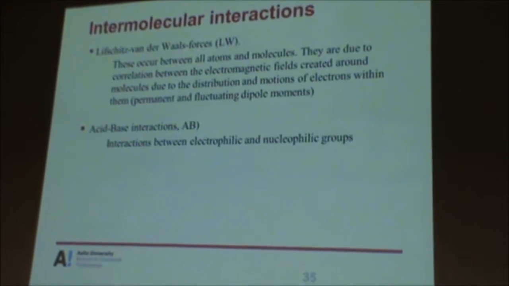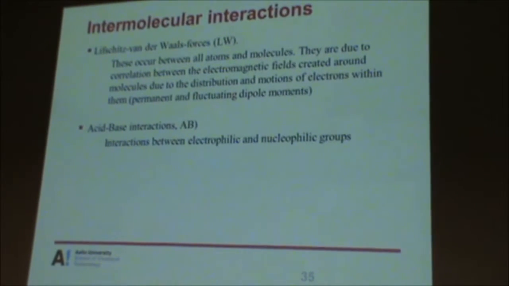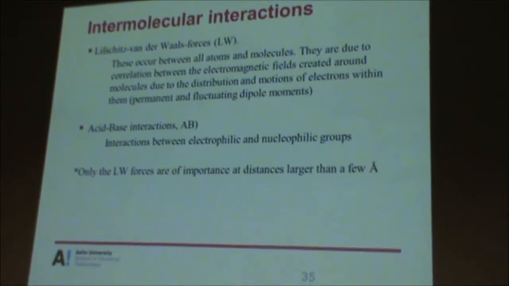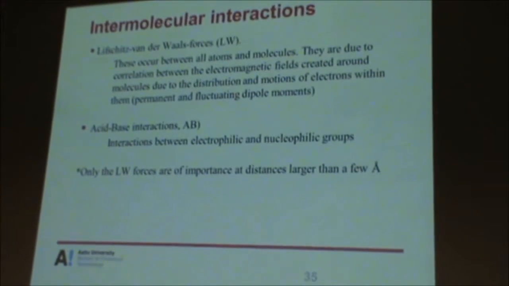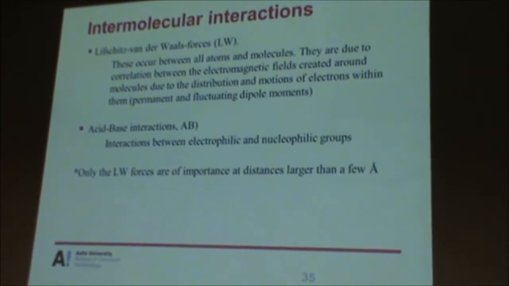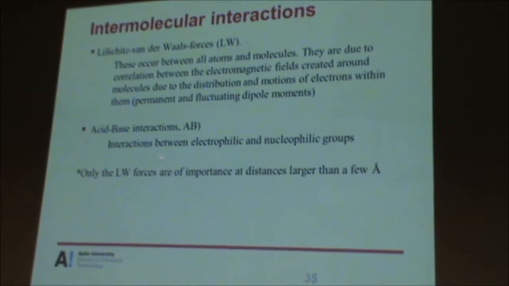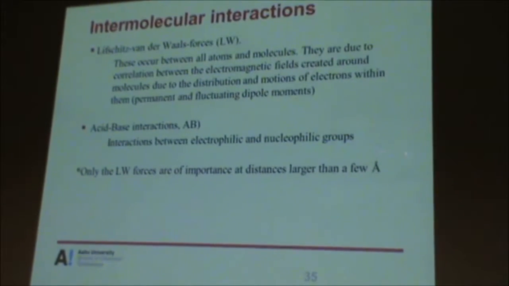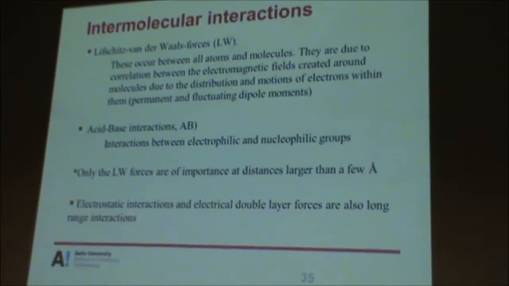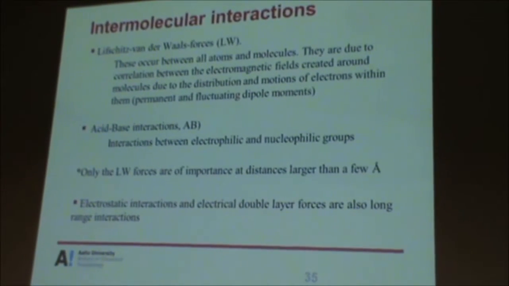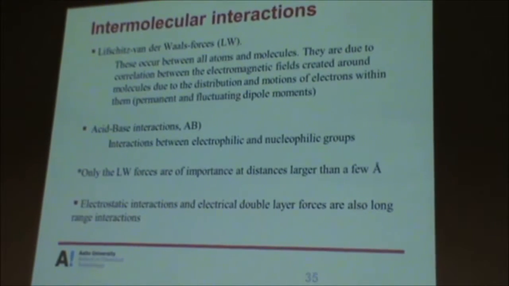So for the van der Waals forces, the atoms need not be physically touching each other. Acid-base, yes, they should be touching each other. Van der Waals forces are important if distances are more than 1 angstrom. There are also electrostatic interactions and double layer interactions, positive attracting negative.